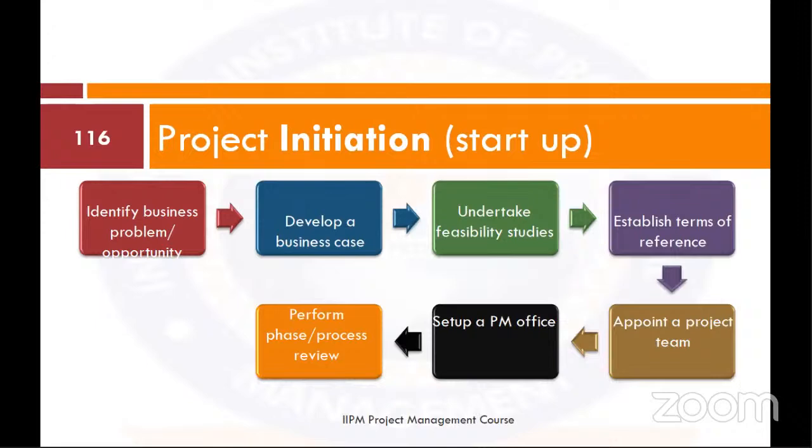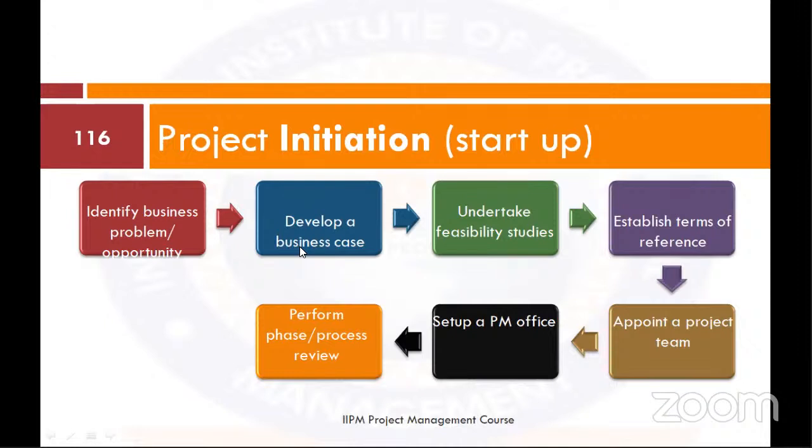Identifying business problem or opportunity. Remember, I said that by this weekend, we are going to justify that project topic that we want to deal with. Is it really a problem? Is it really an opportunity? Please, Governor, will come to you shortly. Then after you've done this, you establish a business case.